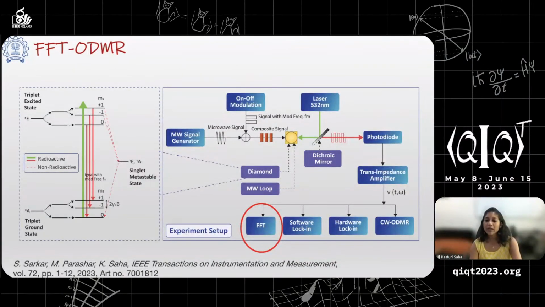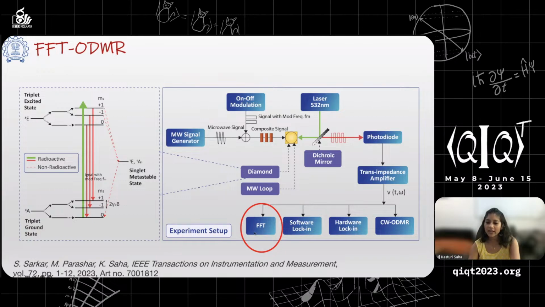Now, in between, I'll just take 2 minutes on this work, because any setup is fairly complicated: you have microwave, you have optics, you have all sorts of things working in synchronization with each other to get this ODMR signal. My student was trying to put together a smaller setup, asking whether there are methods by which we can avoid all of that.